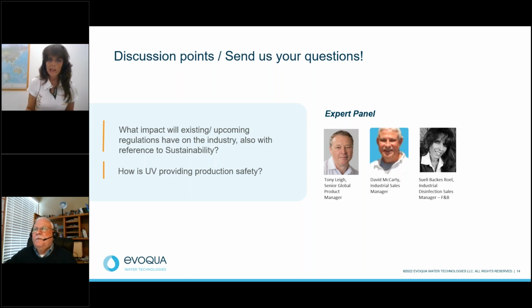Perhaps you can pick up on this, Dave also? Yeah, so UV and ozone are synergistic in most situations. With UV, the disinfection happens instantaneously. With ozone, there's some type of residual ozone in the process. It also has the advantage of breaking down certain organic compounds.